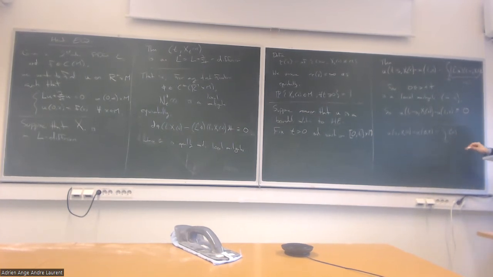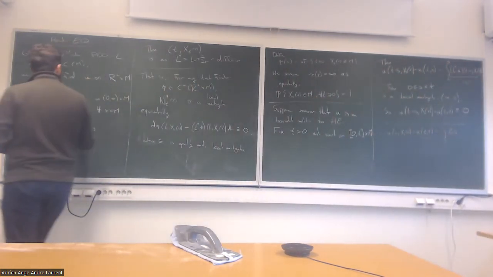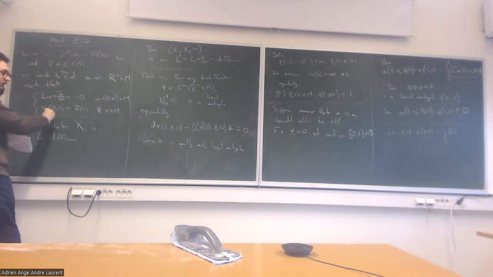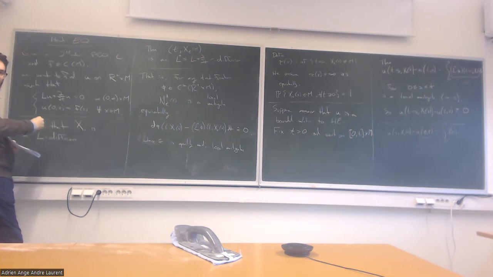I think what we want to be worried about is, how do we see this? Okay, I think here's the issue. We have U of 0, x, right? At 0 we know we have f of x, but we don't necessarily have this.